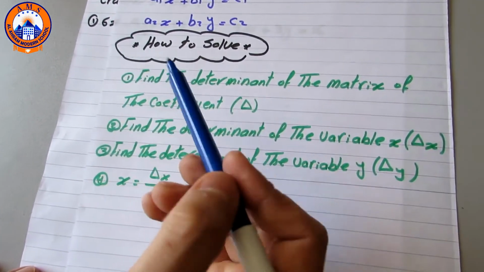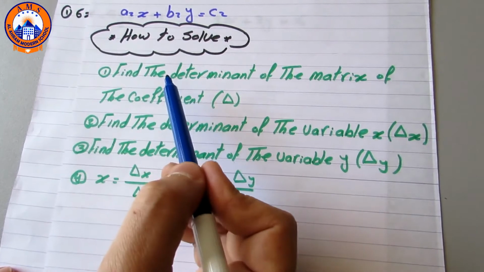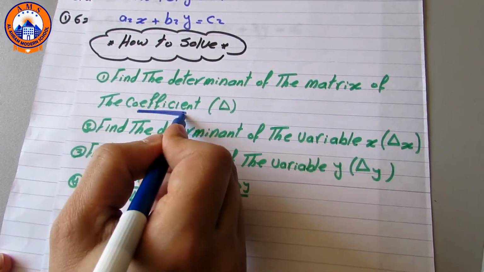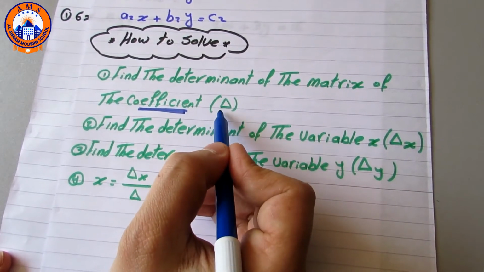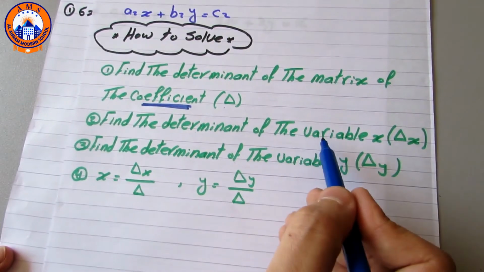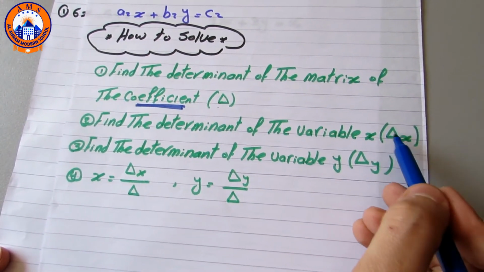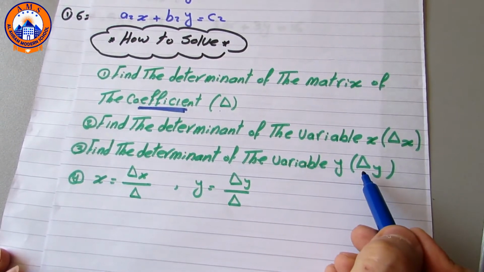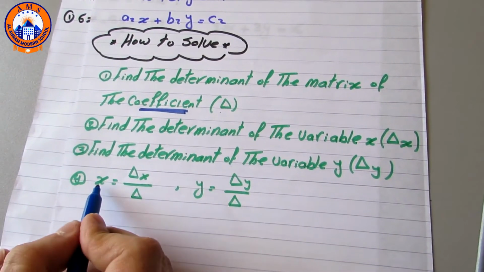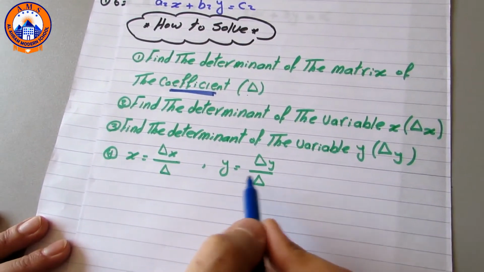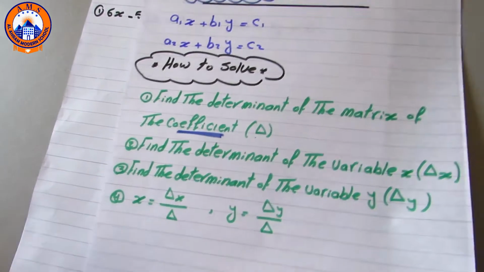Number 1, find the determinant of the matrix of the coefficients, and it's called delta. Number 2, find the determinant of the variable x, and it's called delta x. Find the determinant of the variable y, and it's called delta y. Finally, find the value of x: x equals delta x over delta, y equals delta y over delta.